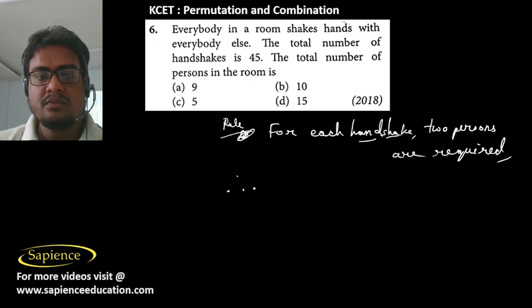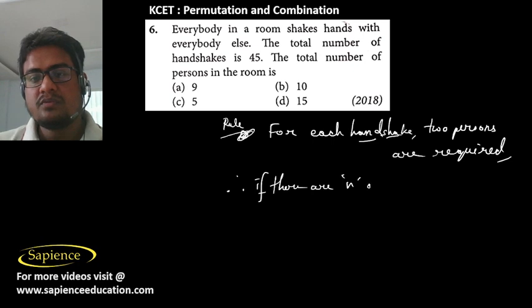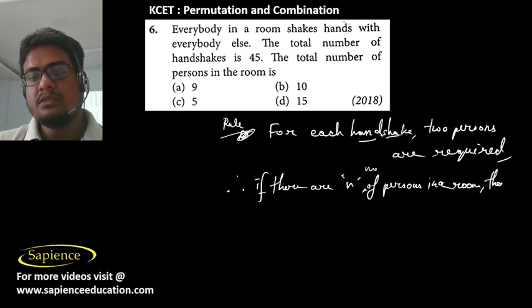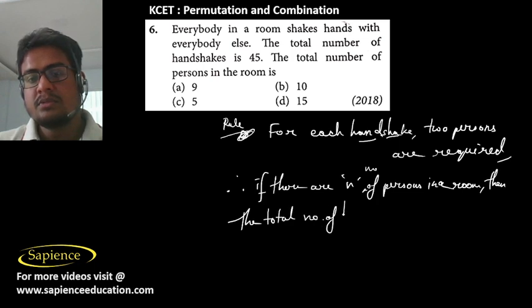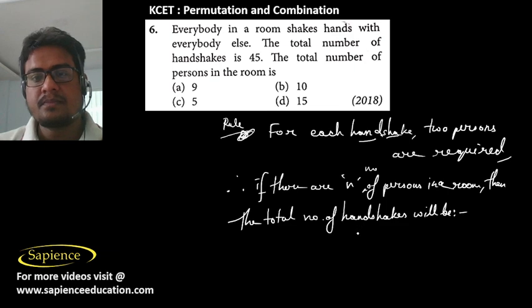So now, therefore, if there are n number of persons in a room, then the total number of handshakes will be NC2, since out of these n persons we have to choose any two persons in NC2 ways.